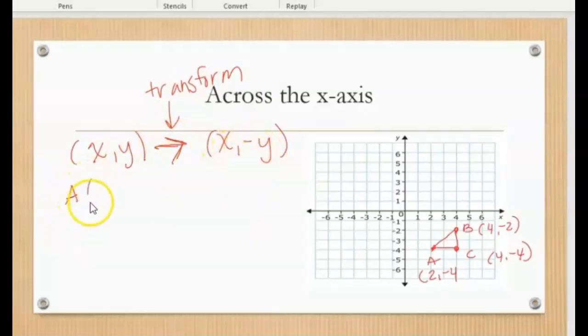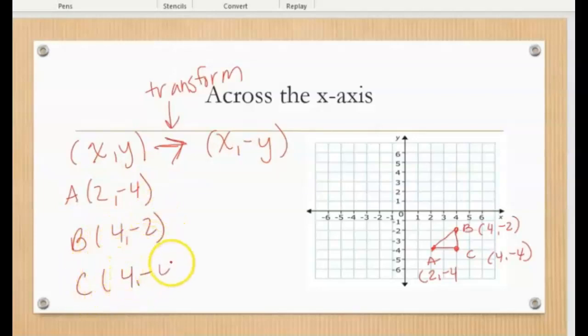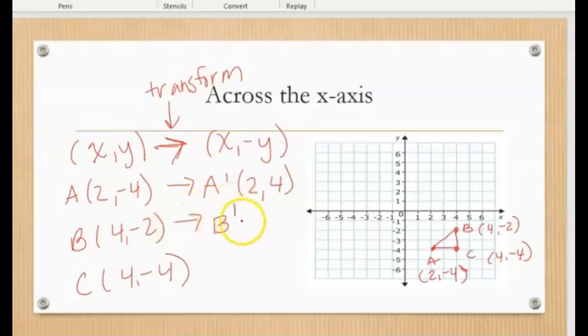So we're just going to take each of these coordinate points. I'm going to write them over here so we can go ahead and perform the transformation and make the y negative. So the image is going to be A prime. And instead of -4, we're going to have a +4. The image of B is B prime. And instead of -2, we'll have a +2.